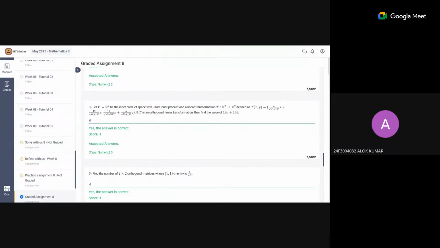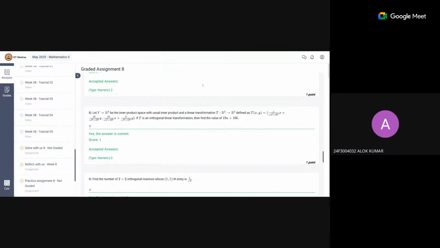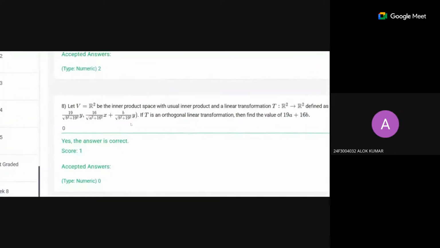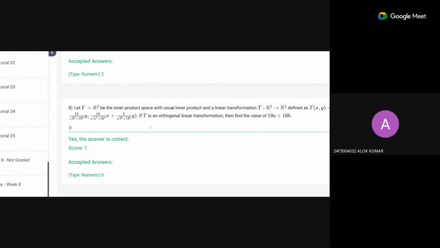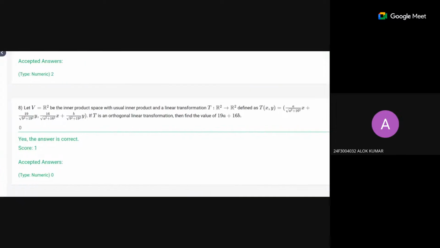Can you zoom in on the question? Okay. So the inner product of the Pythagorean and linear transformation defines T(x, y). If T is an orthogonal linear transformation, then find the value of 19a plus 16.